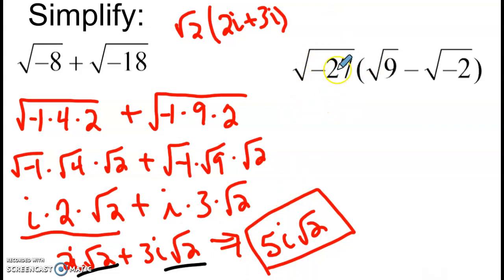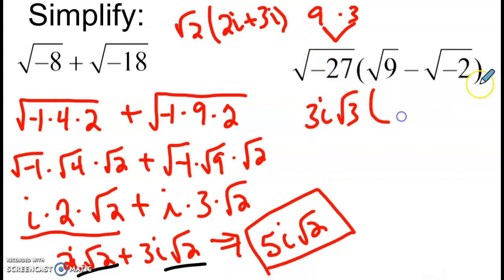Here, I'm going to simplify this first term. 27 is 9 times 3. And of course, we have the square root of negative 1 here. Square root of 9 is 3. So this is 3i square roots of 3 times, well, I'm just going to write that as 3. And I'm going to write this. The only thing I can take out is the i.